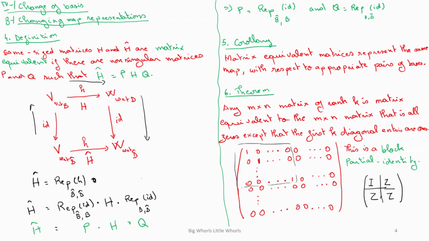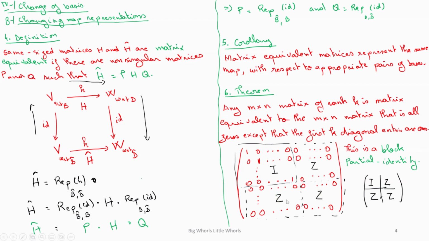You can split this matrix into four blocks if you want to. The identity is here, and this block is 0, this is 0, and this is 0.